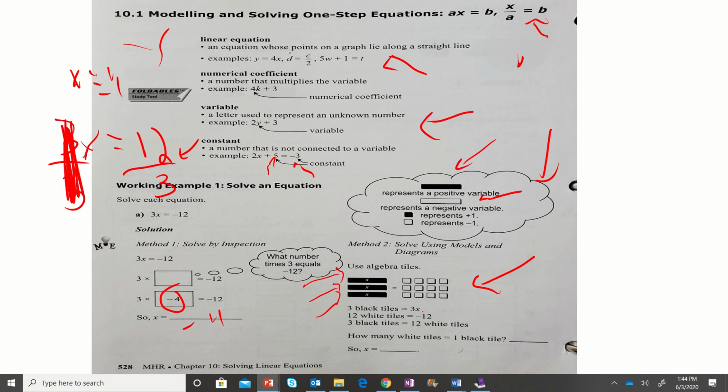So 3 black tiles equals 3x. 12 white tiles equals negative 12. So 3 black tiles equals 12 white tiles. How many white tiles equals 1 black tile? Looking at the difference, we see that 4 white tiles equals a black tile. So here, x equals negative 4.